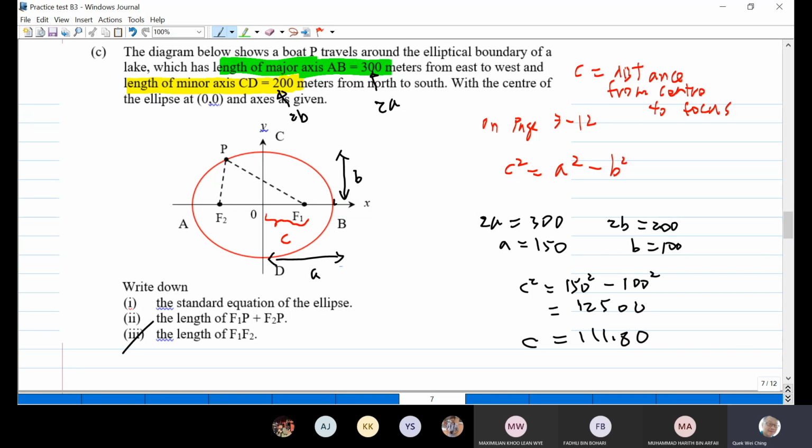So C is 111.8, but C is not the answer. Why? Because this C is the distance from origin to F1. I want the distance between F1 and F2.